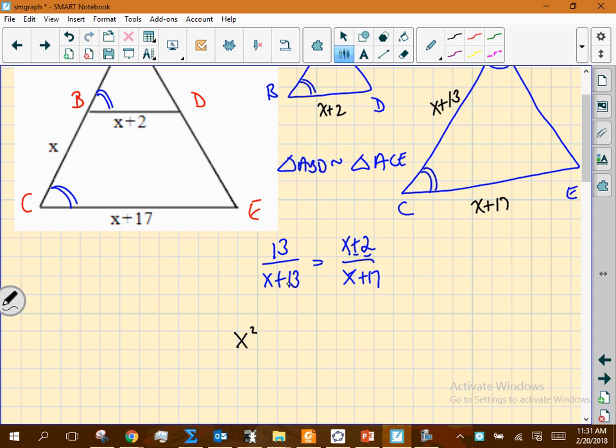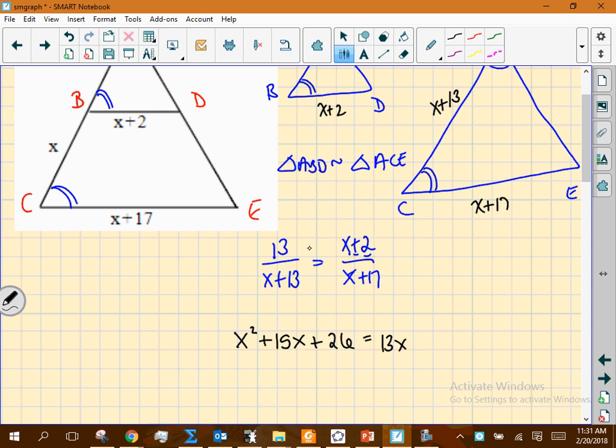X squared. I'll get 13X and then a 2X. Add those together, I get 15X, right? 13 times 2 is 26. Now I get X times 13, so that's 13X. And now 17 times 13.